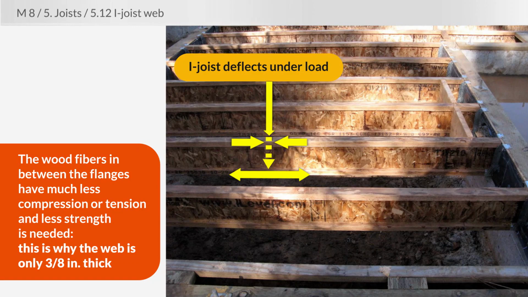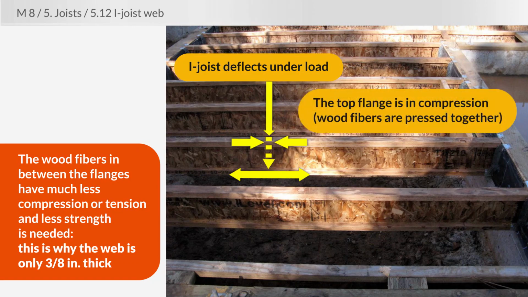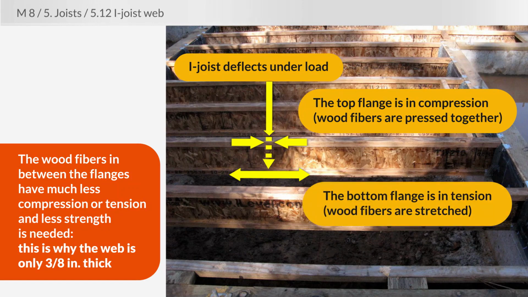Just picture that joist bending down a little bit. On the top flange, the wood fibers right at the area of the load are sort of pressed together. And at the bottom flange, the bottom flange is stretched out a little bit as it's pushed down. So as it stretches out, the wood fibers are in tension.